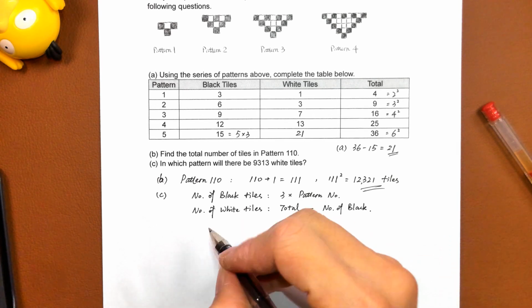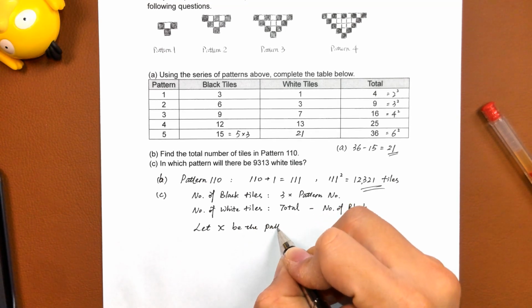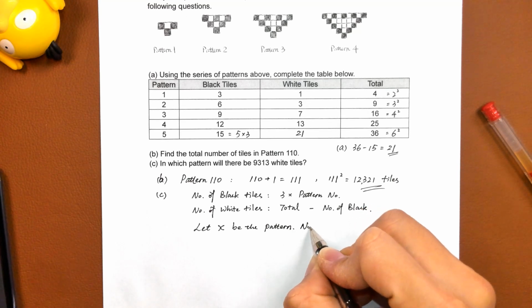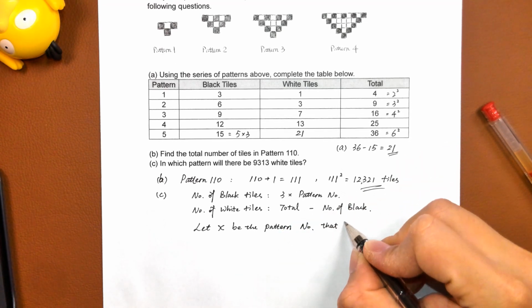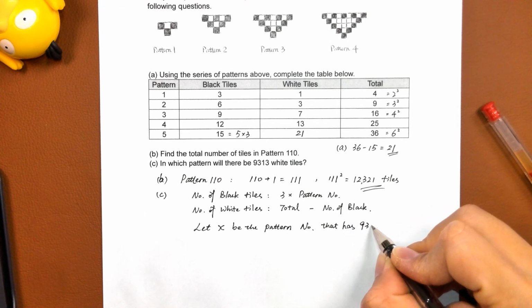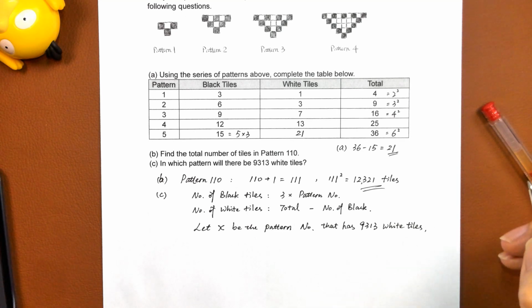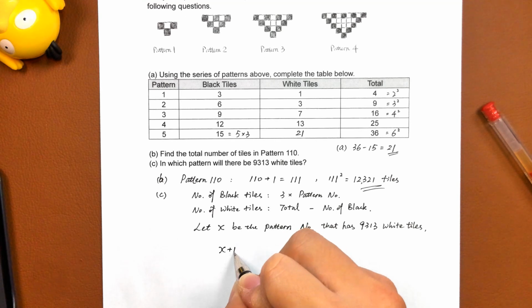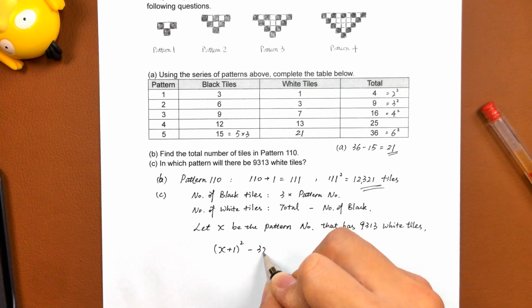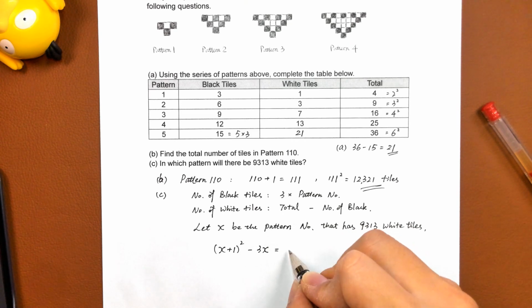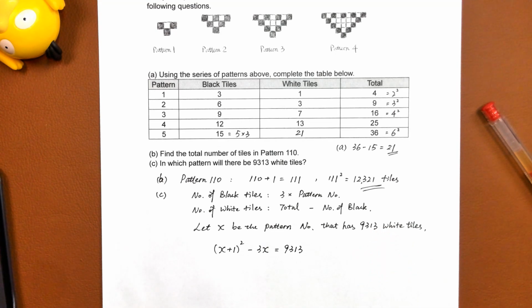So if we let x be the pattern number that has 9,313 white tiles, then total will be (x plus 1) squared, and number of black will be 3x, and white 9,313. We found an equation to solve the question.